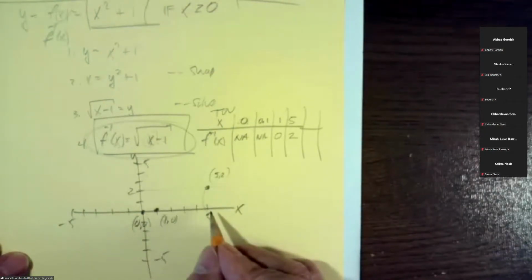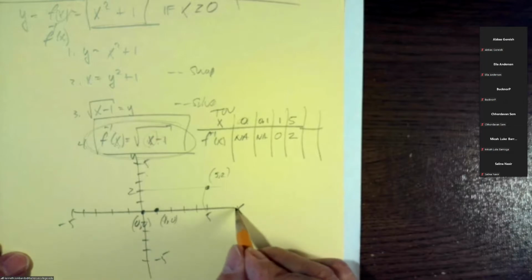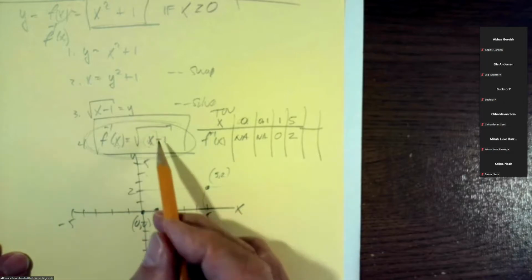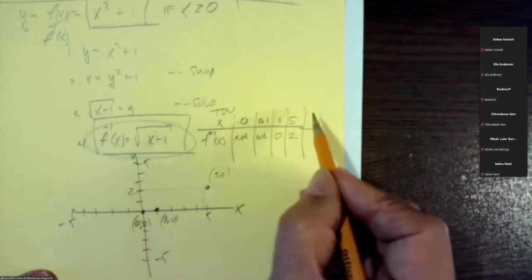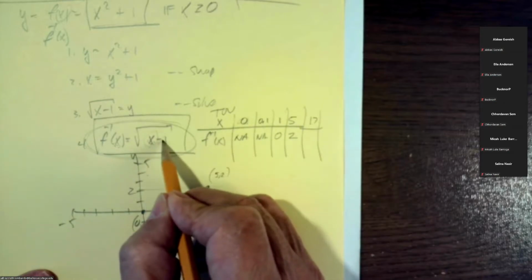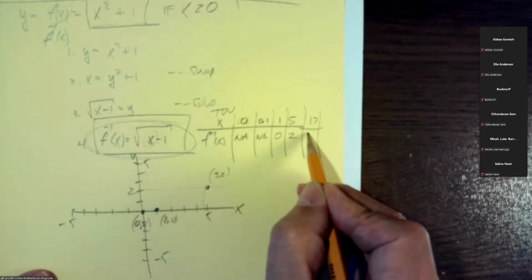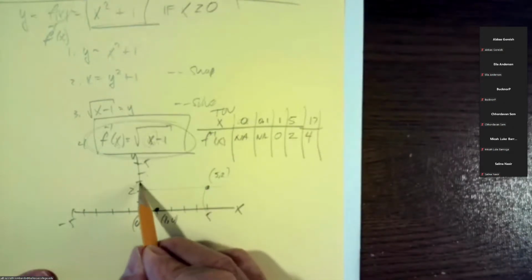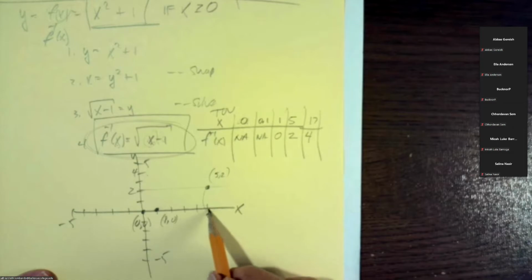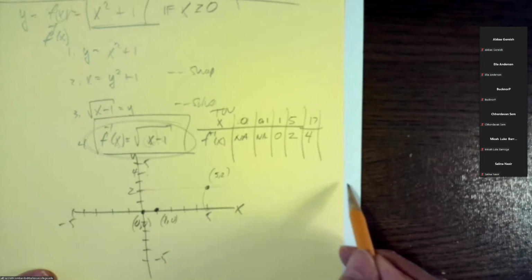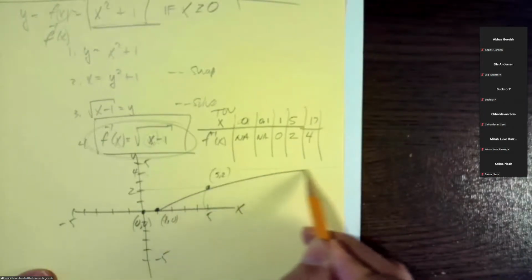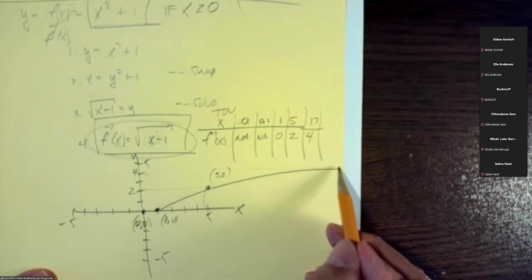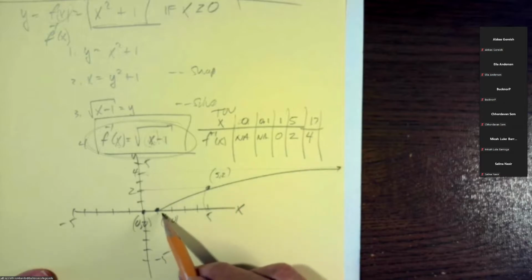And what if we go out one more value here just to see? If this were 17, 17 minus 1 is 16, root of 16 is 4. So 1, 2, 3, 4. And now here 5, 10, 15, 16 is quite a ways out, isn't it? So it looks like we're going to have a curve that sort of looks like that, if we were to plot more values in here.